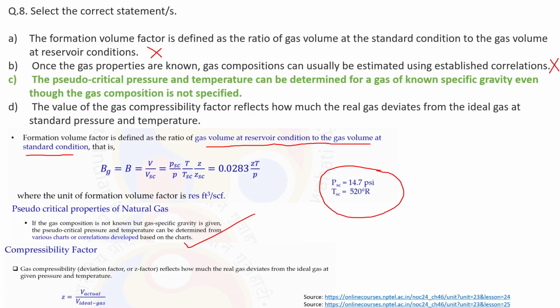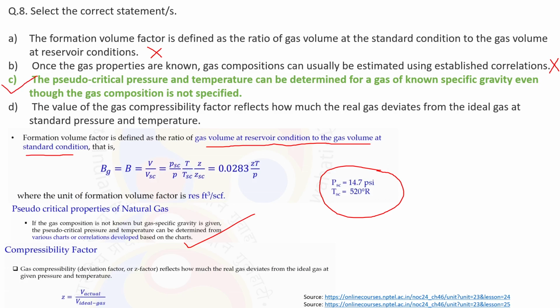So this statement is the correct one. Composition is what is required to find the specific gravity, but if we directly know the specific gravity, then from that also we can find the pseudo-critical pressure and temperature using different correlations. So option C is the correct one.